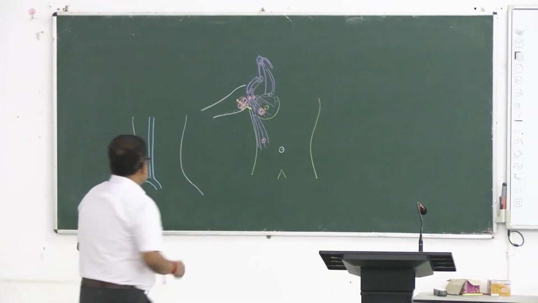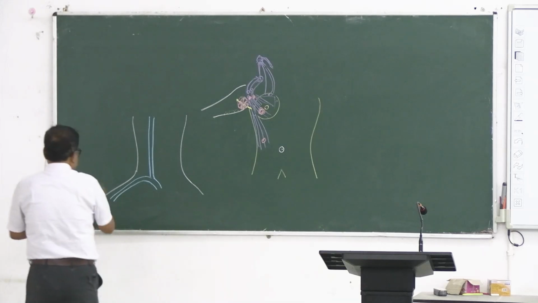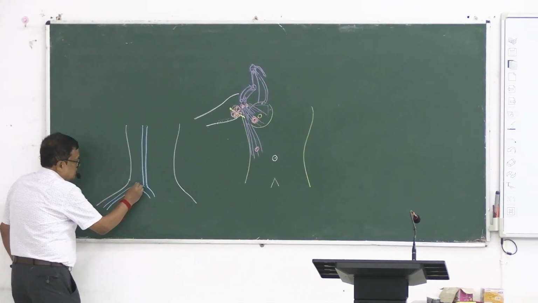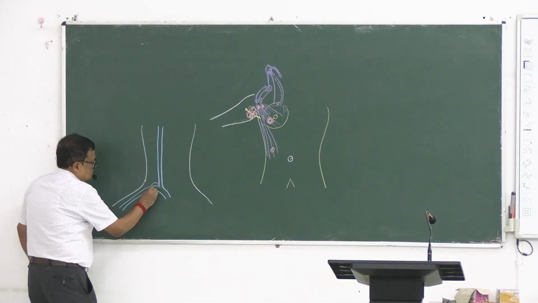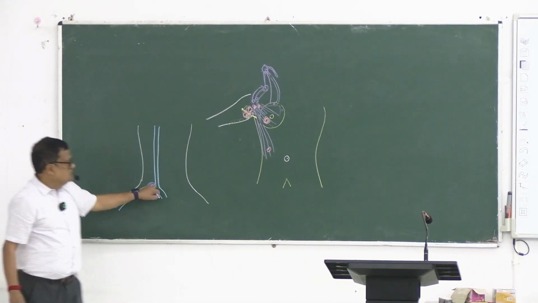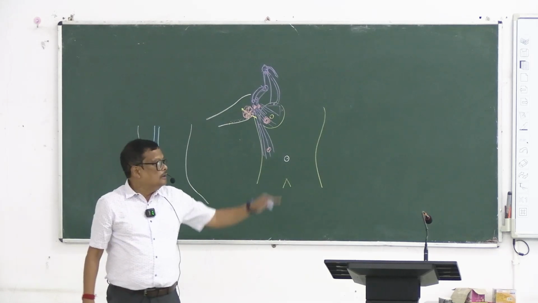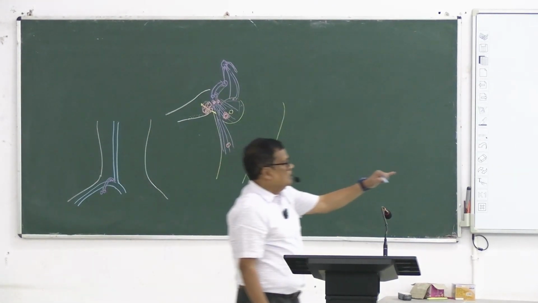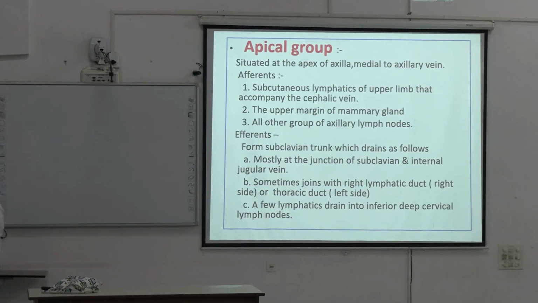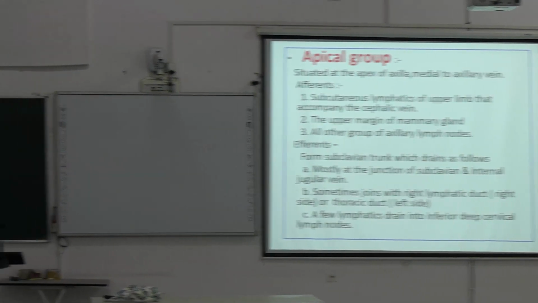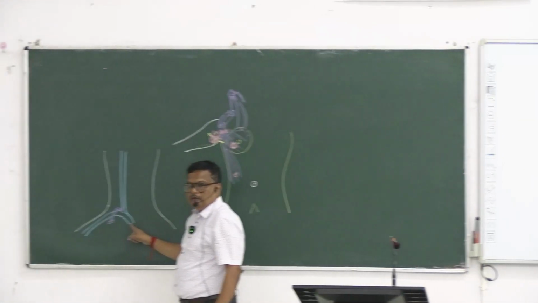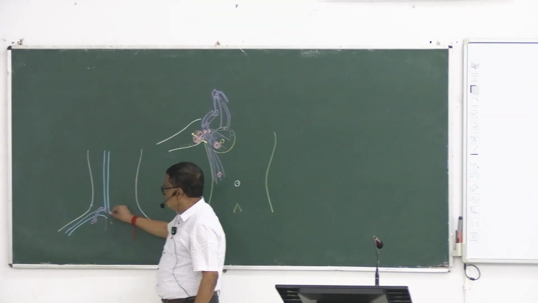So the apical group in the axilla ultimately drains into the vein at the junction of the subclavian and internal jugular vein. This is the subclavian vein, this is the internal jugular vein, joined to form the brachiocephalic vein, right? The left side goes straight.